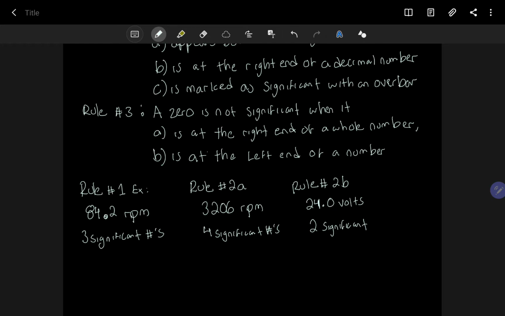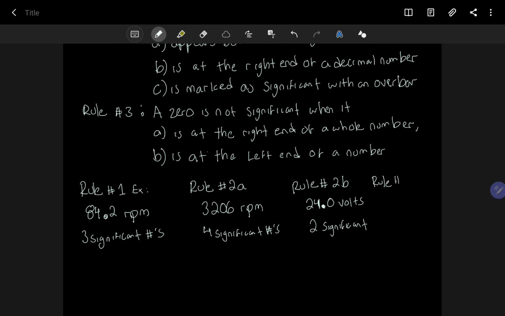We have 2, because B says at the right end of a decimal number. So if I have a 0 all the way at the end of the decimal, that one is not significant. So we can just consider this as just 24. That's the reason why this is only two significant numbers.